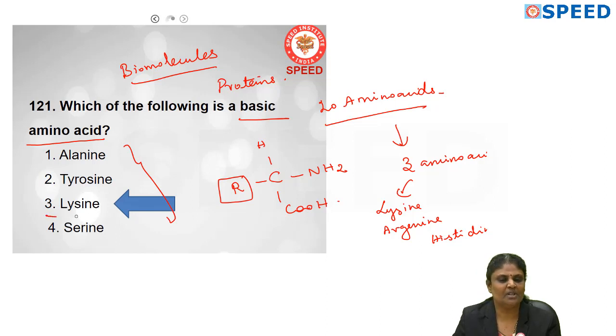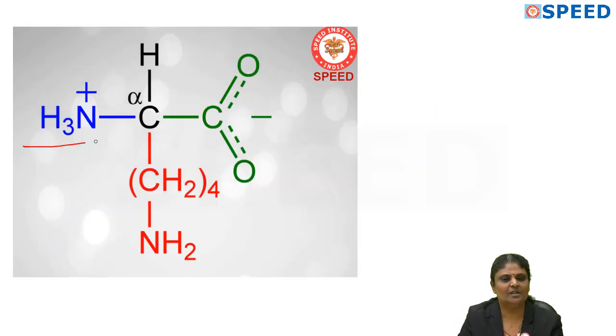So here the option lysine is given. So lysine is the basic amino acid. Okay, so in the place of R, another amino group is present. So due to the presence of this, it is called a basic amino acid.